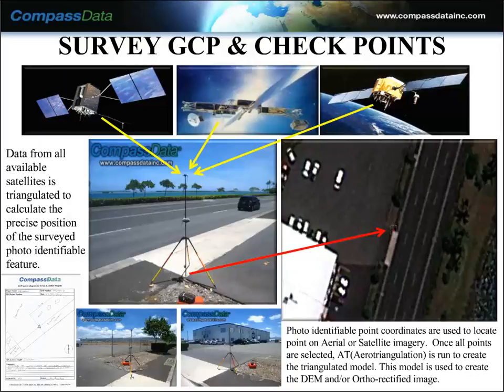So we set up on features that are already out there that are photo identifiable, distributed around the airport, and we take pictures and station diagrams and do this in a very consistent manner. Then we take all that data and get the information on the GPS used back in the office, and then we do the post-processing and network adjustment.